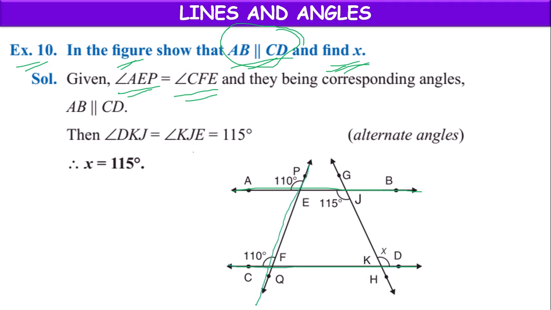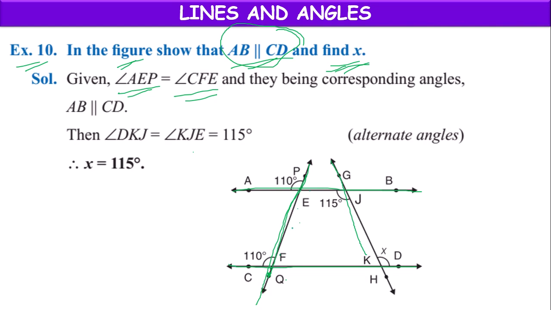This PQ is one transversal. This is the point here. This is EF for angles actually.